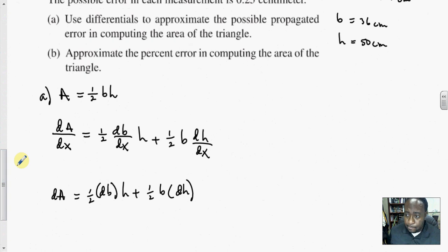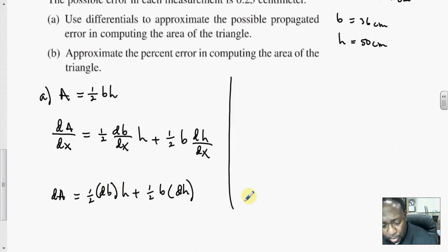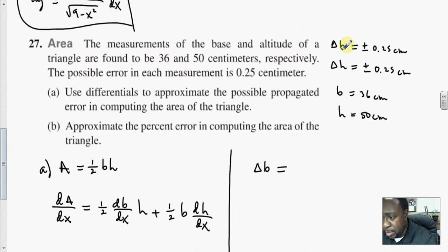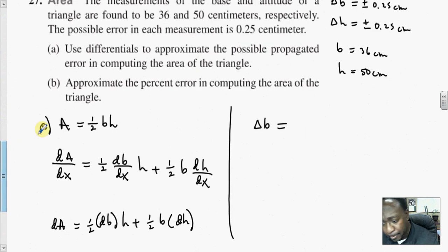Now, they want us to use, for approximations, this delta b, which is the same as the delta h.